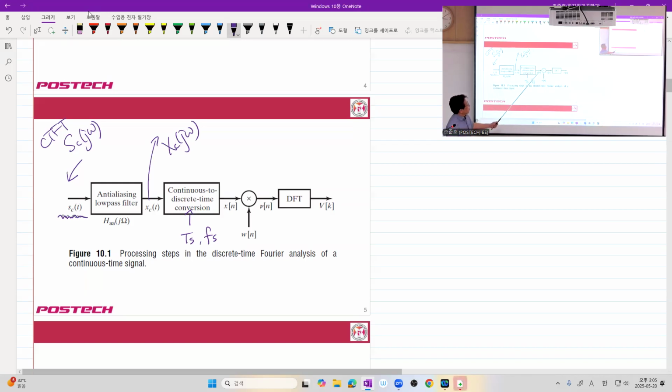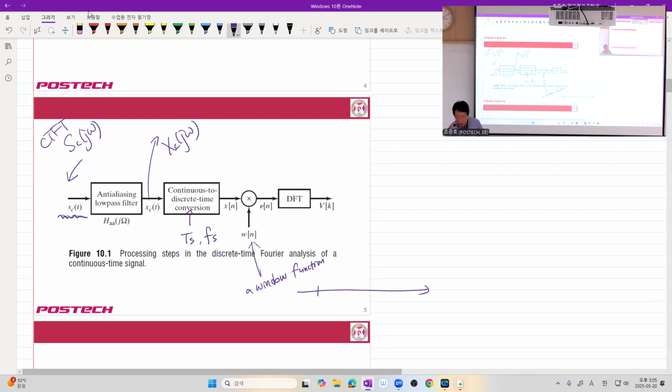And here goes something strange, but actually this is called a window function, which is usually time limited.